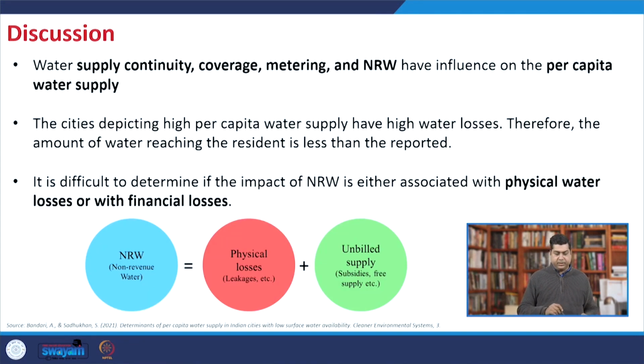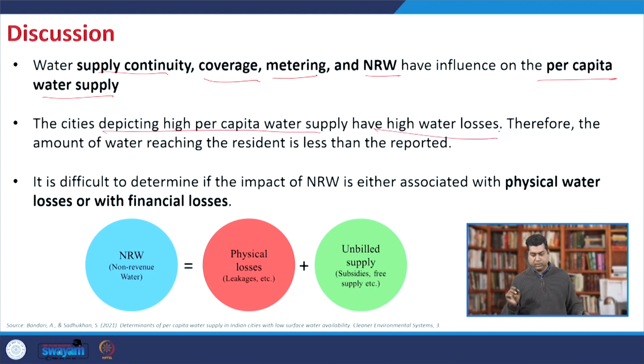Coming to the discussion, water supply continuity, coverage, metering and NRW have influence on per capita supply, which we have seen from this table, and that was also conveyed through the correlation matrix as well. The cities depicting high per capita water supply have high water losses as well. Therefore, the amount of water reaching the resident is actually less than what is reported.